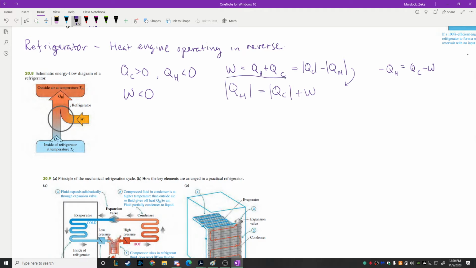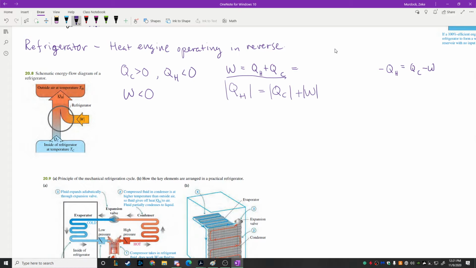So let's get rid of this one. I put that one in a little prematurely. These two equations are the same thing, right? Yeah, this equation follows from this equation. And then, if you take the absolute values of everything, you get this equation. So then this should be the absolute value of W. Okay. So there we go.